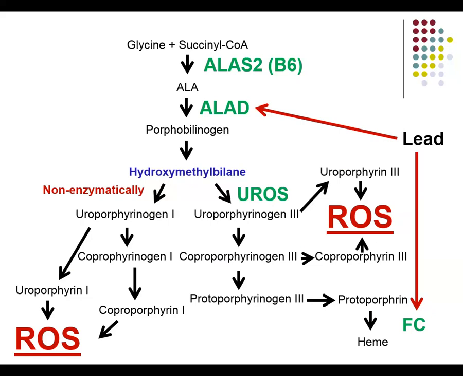And you should note that the buildup of delta-aminolevulinic acid in the blood is thought to be neurotoxic because it resembles the neurotransmitter gamma-aminobutyric acid. There's a second important point that's found in this figure. Hydroxymethylbilane, which is shown in blue in this figure, can cyclize in both an enzymatic and non-enzymatic reaction. The product of the cyclization reaction is uroporphyrinogen, which can be converted into coproporphyrinogen enzymatically.